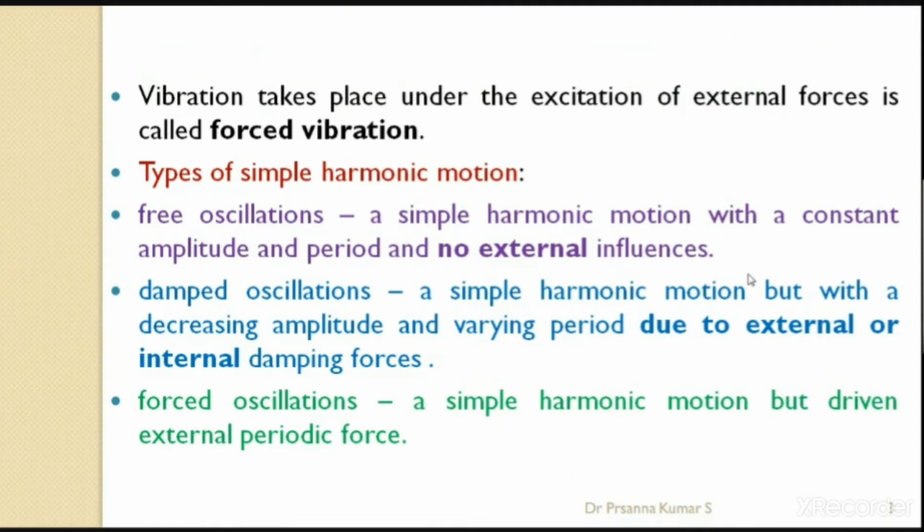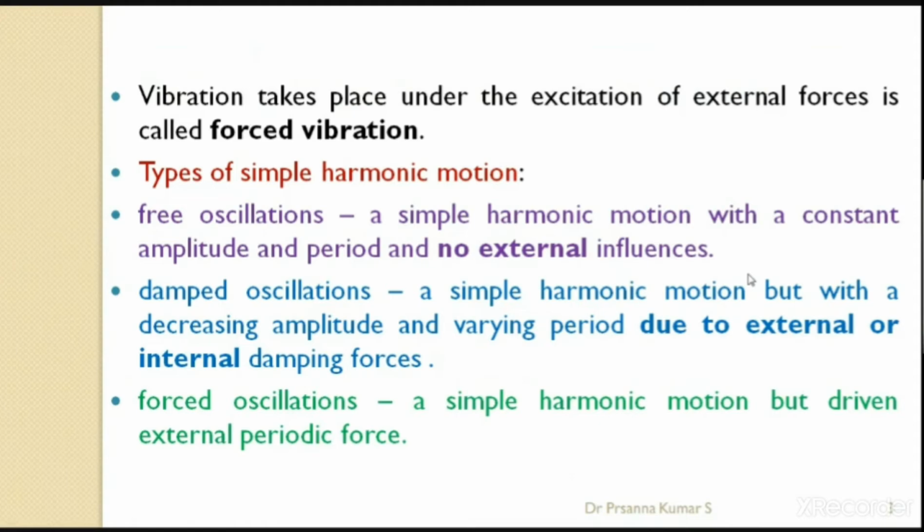Damped oscillations are the cases under the free oscillation. The difference between these two is that in free oscillations the amplitude is constant, with no external influence on this vibrating or oscillating particle.